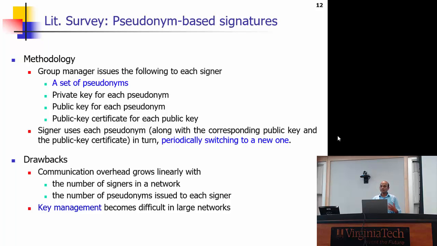The drawback comes from the fact that you are giving a large number of identities and a large number of keys to every signer. So it becomes a large communication overhead, which depends not only on the number of users in the network, but also on the number of pseudonyms that you give to each one. And key management also becomes a difficult problem.